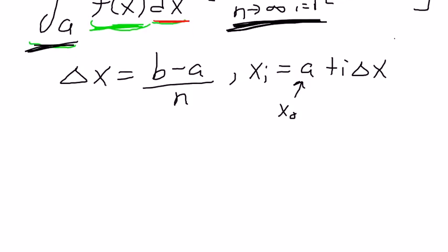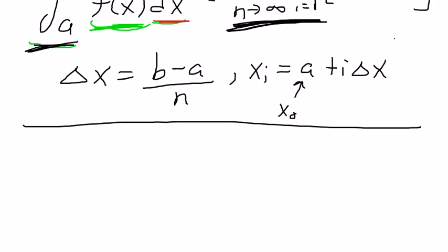Okay, so what we want to do is express this limit in terms of the definite integral. So we have a limit as n approaches infinity, i starts at 1 and goes to n, and this is our function.